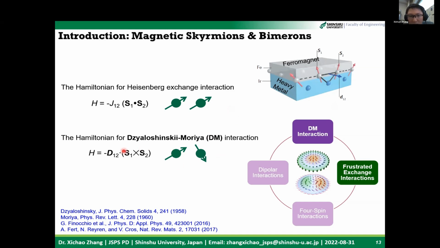However, the Dzyaloshinskii-Moriya interaction favors an angle between two adjacent spins, so the competition between the Dzyaloshinskii-Moriya interaction and the ferromagnetic exchange interaction may result in the generation of some topological spin textures in the magnetic materials. In fact, some other interactions are also able to stabilize topological spin textures. In this talk, I will focus on the topological spin textures stabilized by the frustrated exchange interactions.